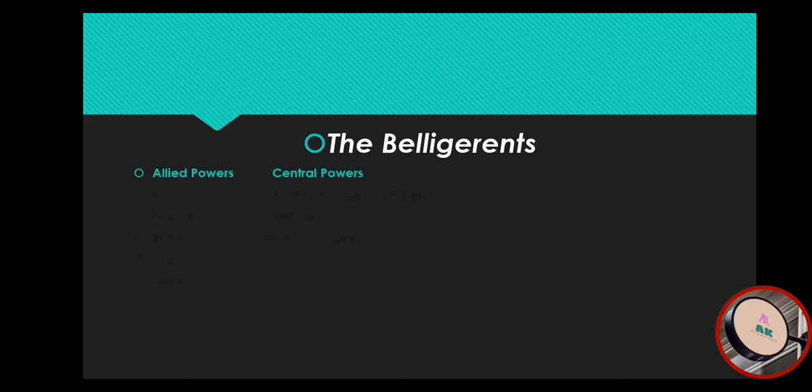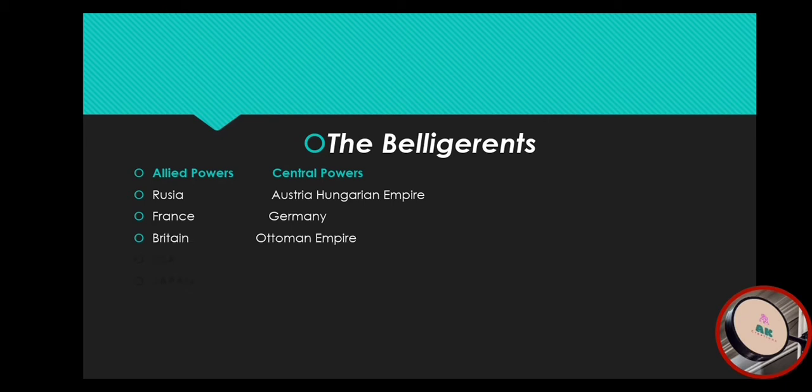In these slides, the belligerents, in the sense those who were in this war. The first is the Allied powers, and next is the Central powers. On the Allied side, there is Russia, France, Britain, and on the Central side, the Austria-Hungarian Empire, Germany, and the Ottoman Empire, USA.